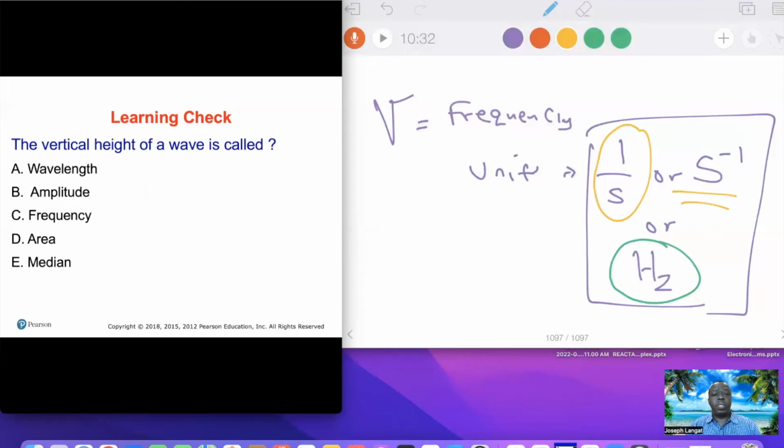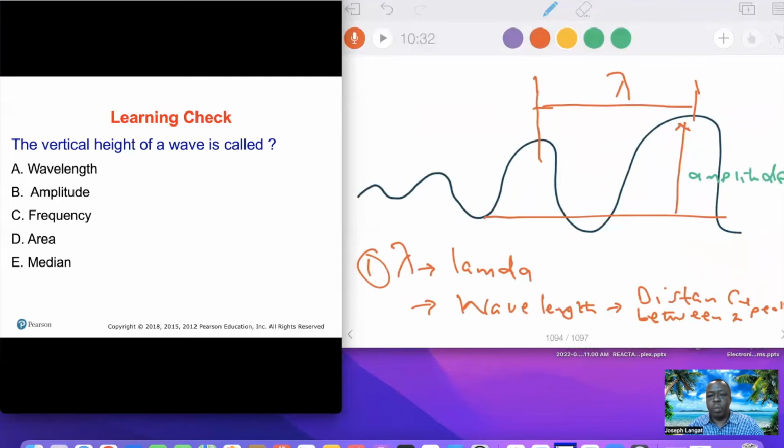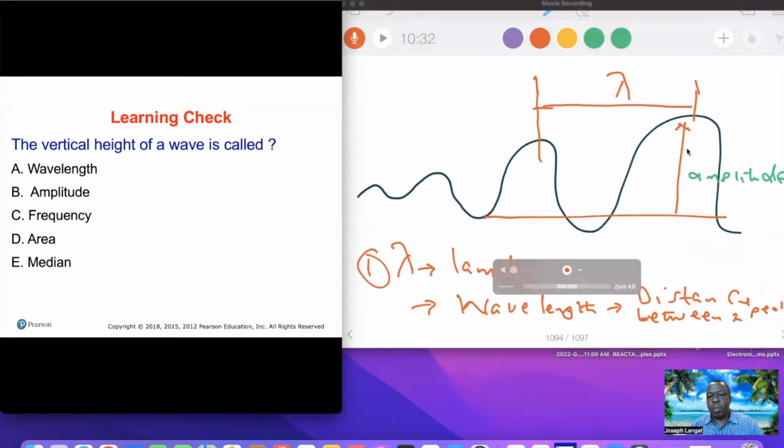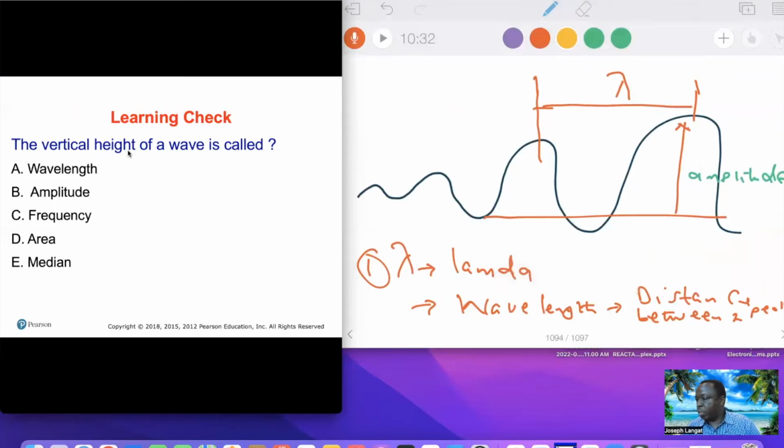A typical question you will see in an exam is: the vertical height of a wave is called what? Assuming you are making your own notes, write this down as the vertical height, so that you don't make a mistake. Of course, it's not wavelength.